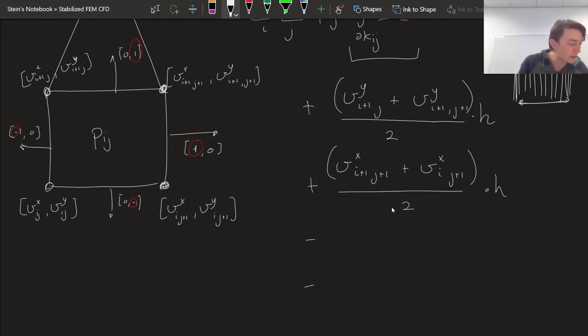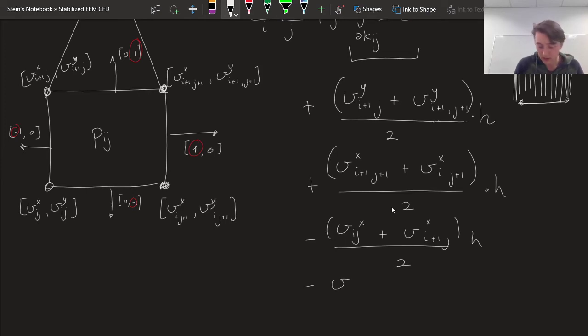And those negative contributions are going to be Vij in x plus Vi plus 1 j also in x divided by 2 times h, and that's going to be, I believe, the one on the left part, right, because we're dealing with the x component. So it's going to be the left boundary, and the last one is going to be the bottom boundary, and that gives me Vij y plus Vij plus 1 y divided by 2 multiplied by h.